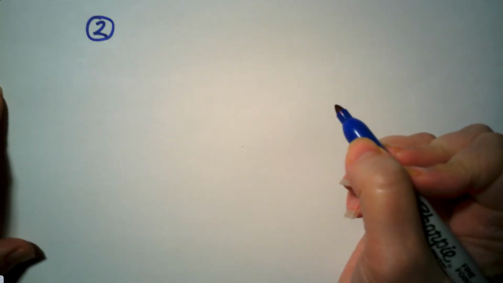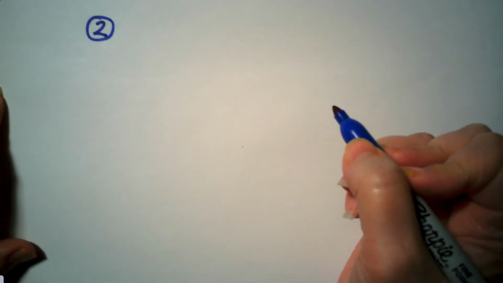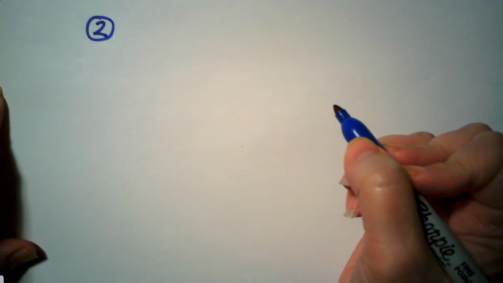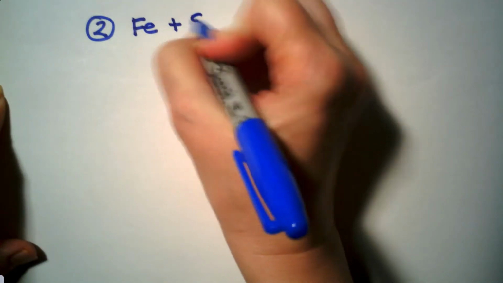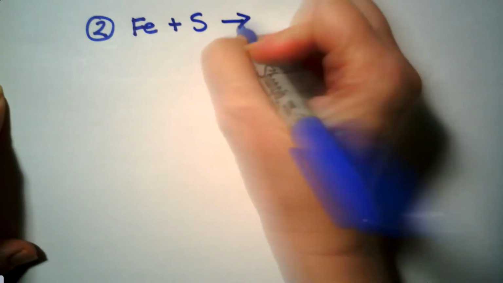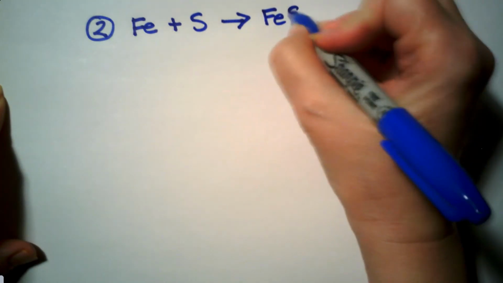It says, identify the limiting reactant when 4.68 grams of iron reacts with 2.88 grams of sulfur to produce iron 2 sulfide. All right, so first thing we need to do is write a balanced equation. So we have iron plus sulfur yields iron 2 sulfide.